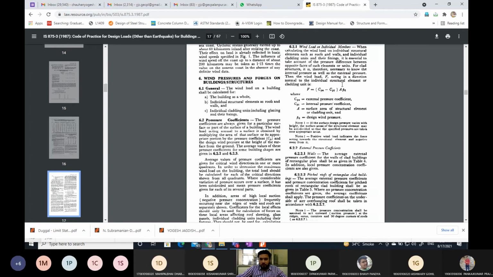Now we have to find the wind force using this formula: CPE minus CPI times effective frontal area times design wind pressure.